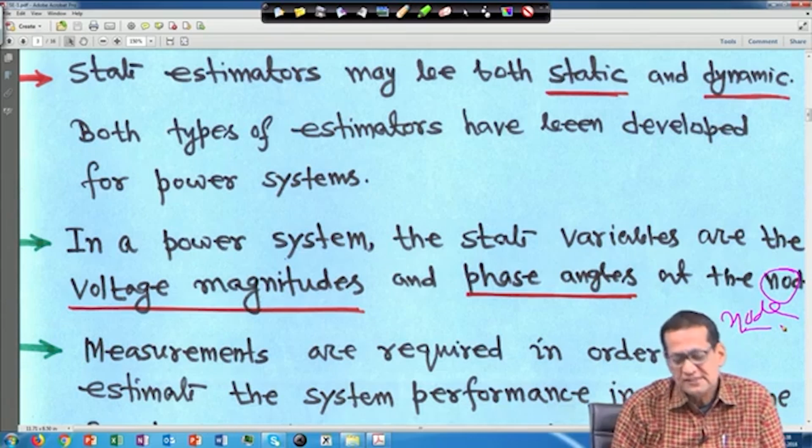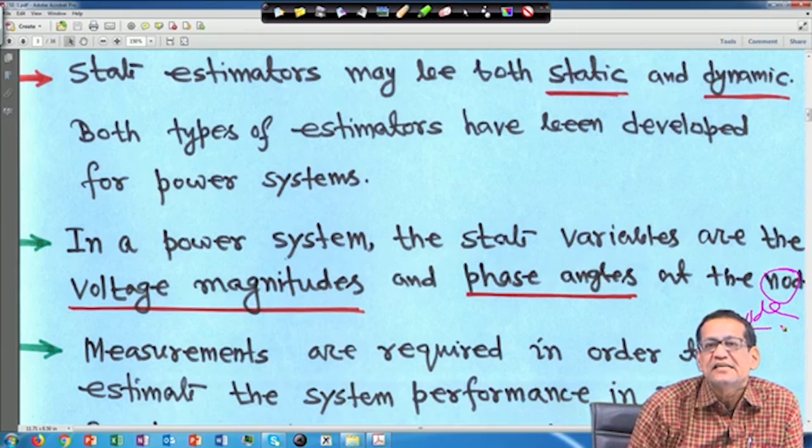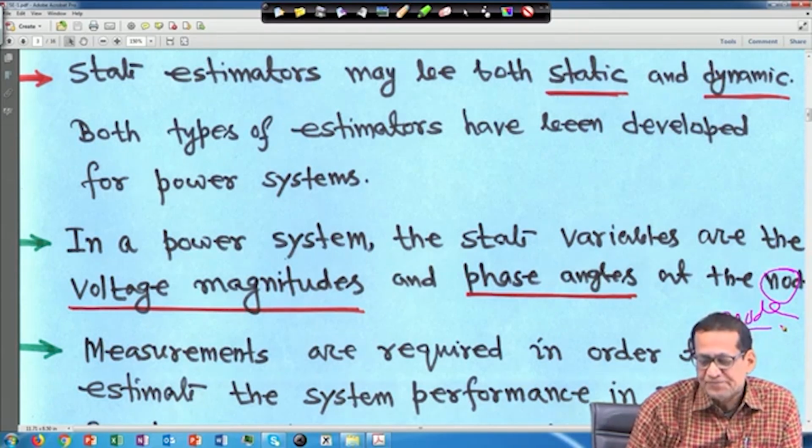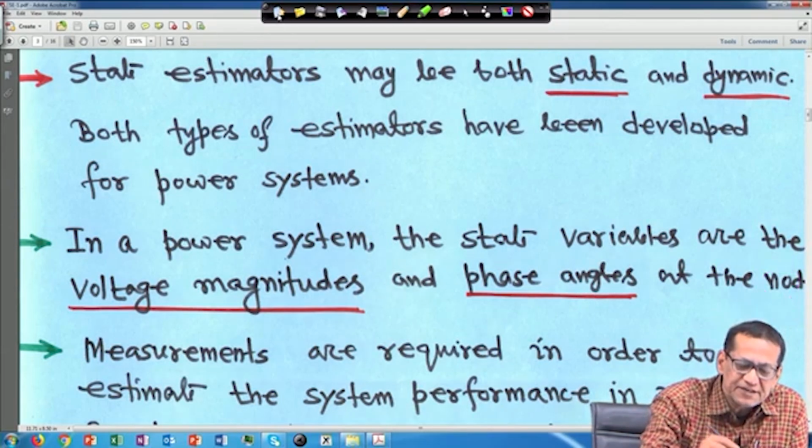All these things are there. But we will see that when we consider AC state estimation for an AC network, with voltage magnitude or phase angle at the nodes or buses.